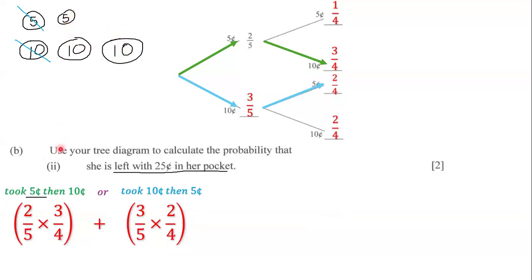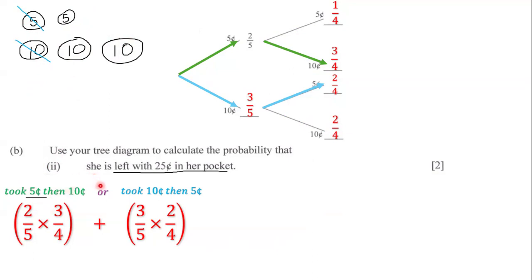Again, there's one way to do this. We can take 5 cents first on the first try, and then 10 cents on the second try, and that would leave you with 3 coins, 10 cents, 10 cents, and a 5 cents, which is 25 cents. So that's one way to do it, right? She could take a 5 cents and then a 10 cents.